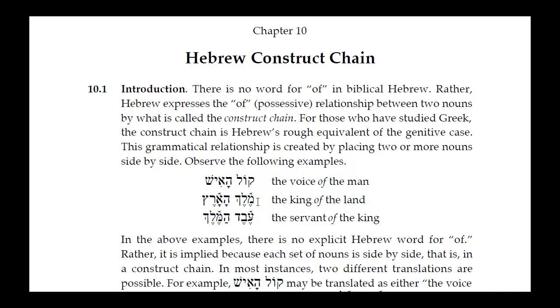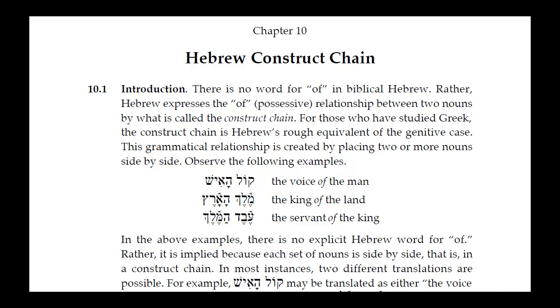And we have melech ha'arets, the king of the land. Also, we have eved hamelech, the servant of the king. Now, in the above examples, there's no explicit Hebrew word for "of." Rather, it's implied because each set of nouns is side by side, that is, in a construct chain.